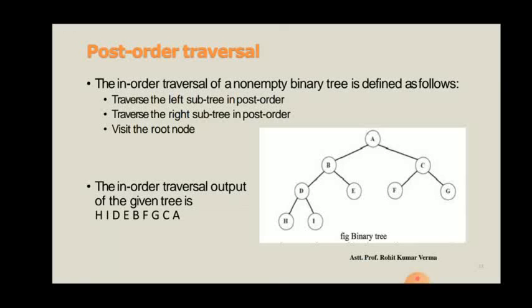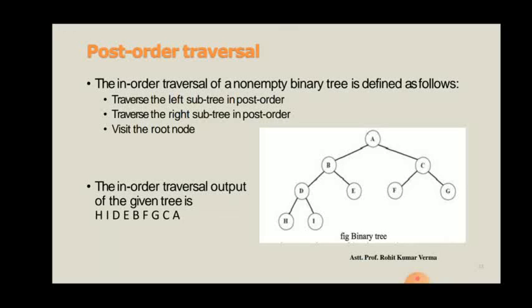So dear students, in this image kindly see we have the root node A. For root node A, the left subtree is B and the right subtree contains the parent node C. As per our step, first of all we traverse the left subtree.